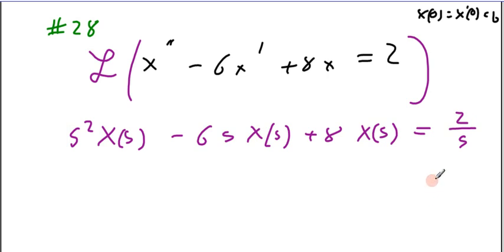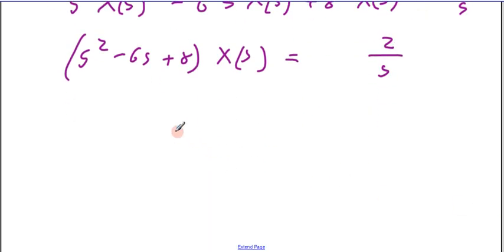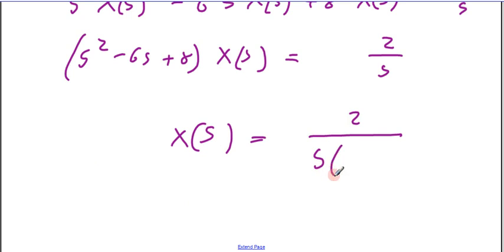Okay, s squared minus 6s plus 8 times X of s is equal to 2 over s. X of s is 2 divided by s, and it looks like s minus 4, s minus 2.